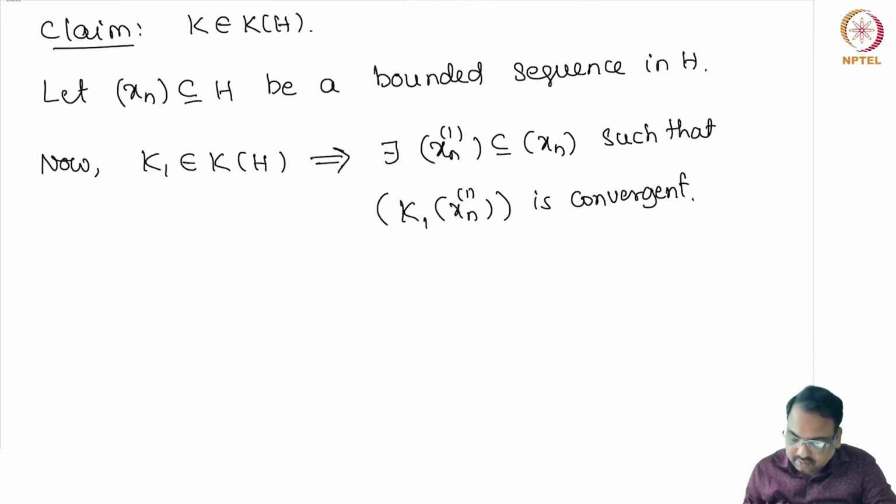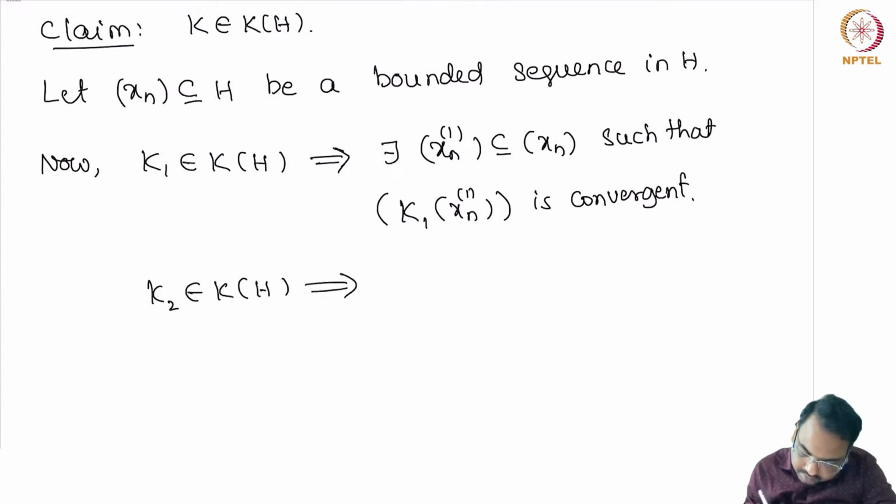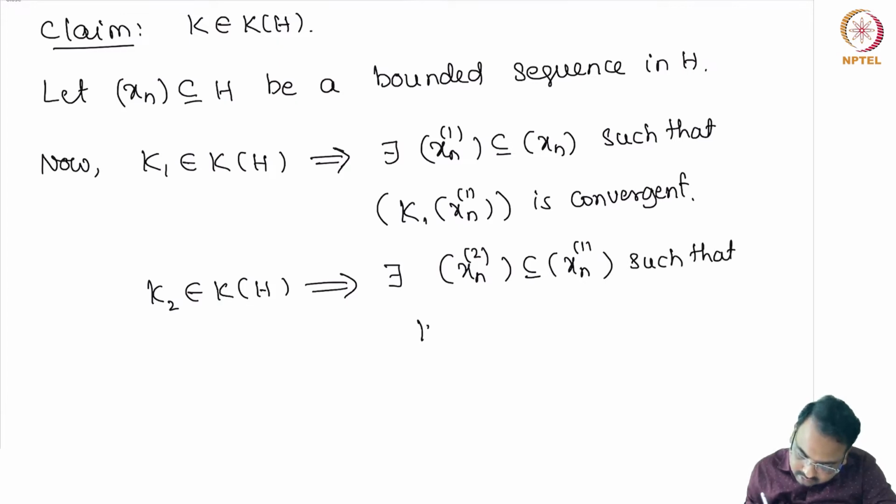Okay. Now xn1 is a bounded sequence and K2 is compact. So there exists a subsequence xn2, a subsequence of xn1, such that K2 of xn2 is convergent.